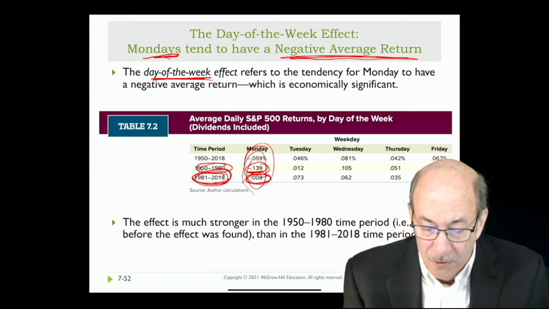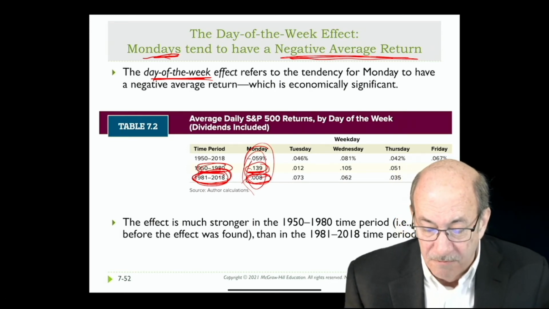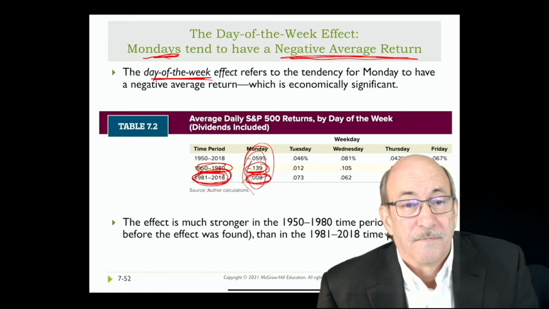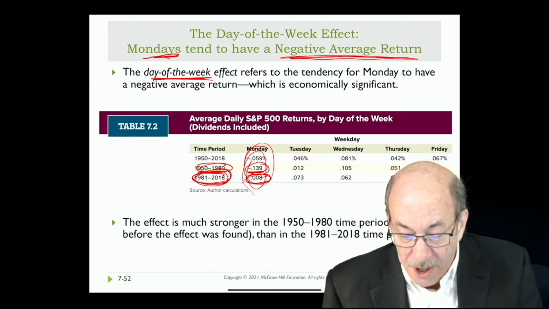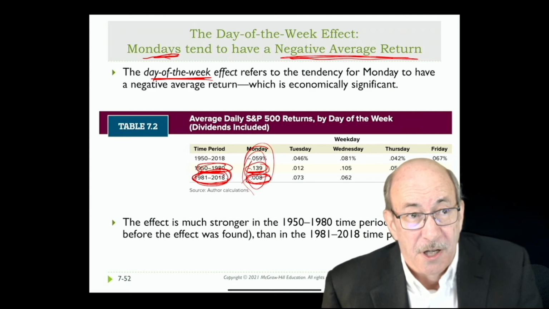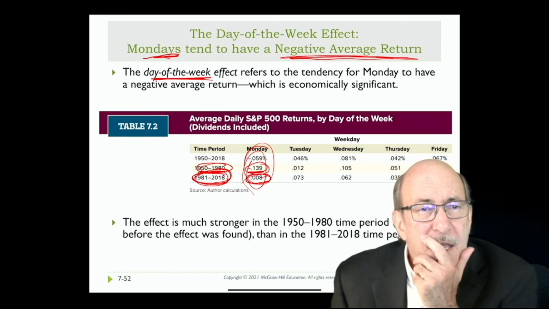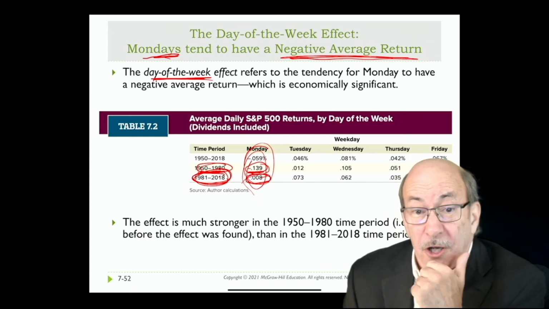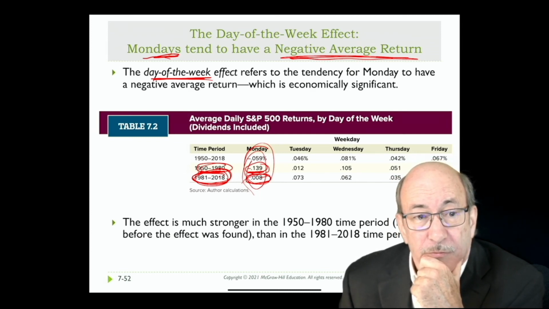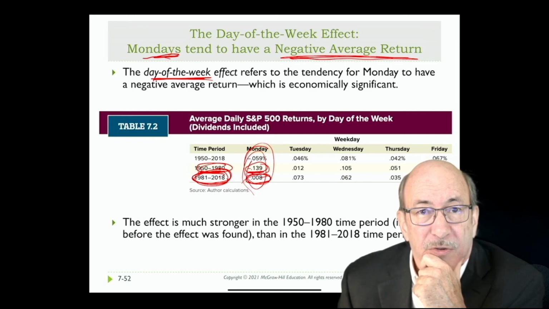Let's say that we're standing back here in the 60s or 70s, and you knew that there was on average a negative 0.14% return. Tony? Did you buy on Mondays? Yeah, you could wait till the close, right? Yeah, buy at the close.